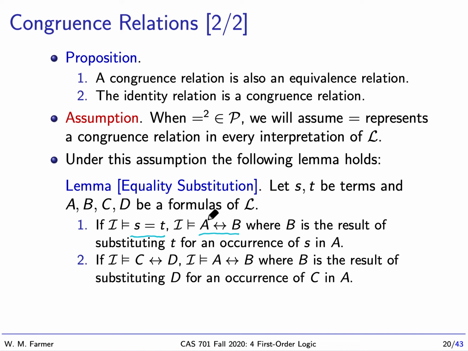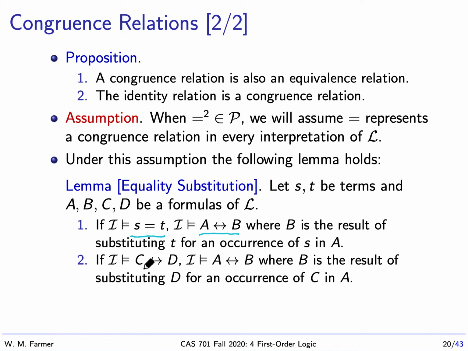We found the term S in A, we replaced it with T, and got B, and it's equivalent. So basically we can substitute equal terms for equal terms, and we get equal formulas as a result.